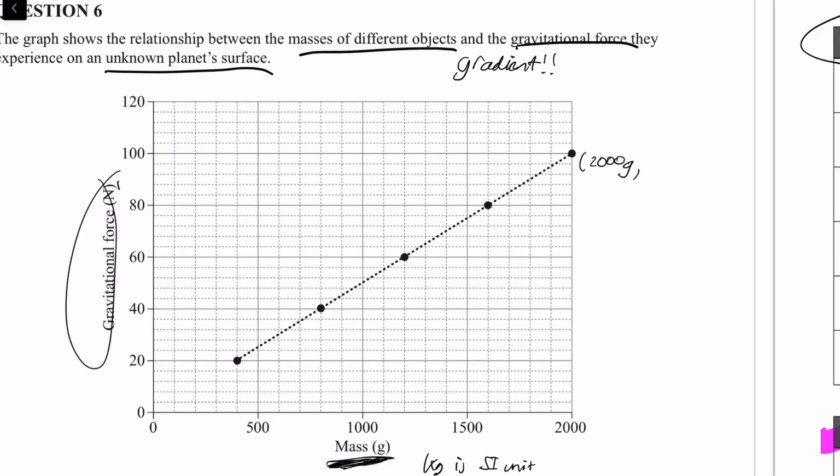Okay, it's better to find the gradient between the two points that are furthest away, rather than using two points close together. That's not going to give you the most accurate gradient or value that you're trying to find.